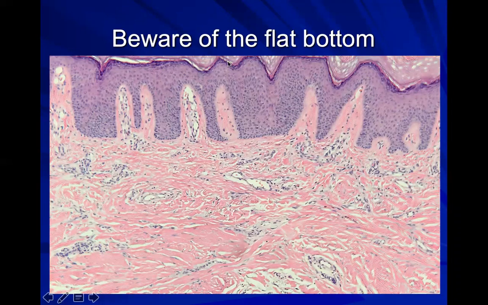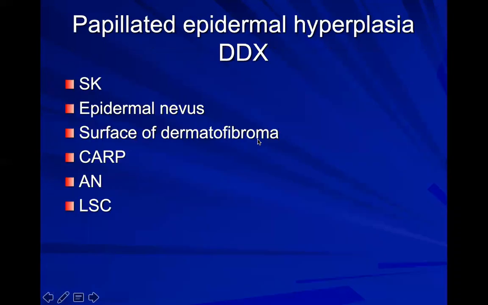Beware of the flat bottom. Remember, if you have a very, very flat bottom to what otherwise looks like it could be a seborrheic keratosis, think about epidermal nevi, but also think about looking in your dermis. If you have fibrosis, that means thickened collagen with increased fibroblasts beneath a flat bottom, that could be the sign that you're on top of a dermatofibroma, because epidermal induction will also look like this.